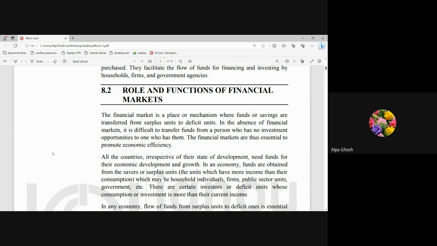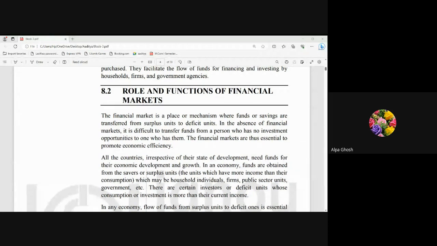Now, if as an individual I have savings, I can lend them at most to my friends or relatives. That is a very small community, a very small crowd.